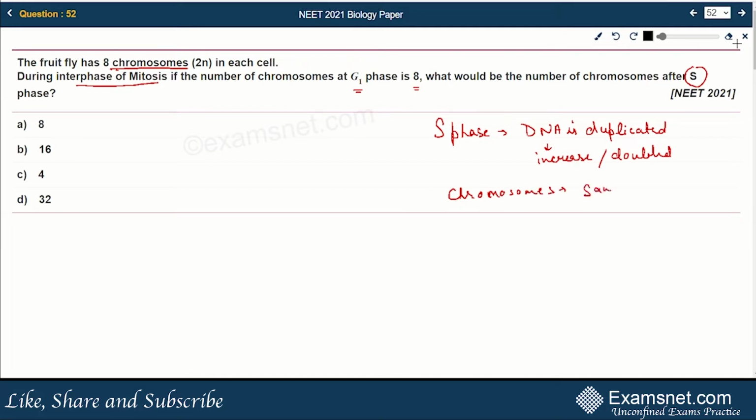That means the number of chromosomes is not affected. So if the number of chromosomes at G1 is 8, it will remain 8 even after the S phase. So the correct option will be 8.